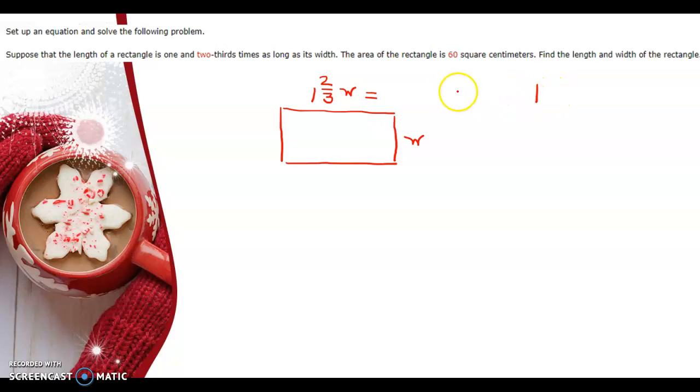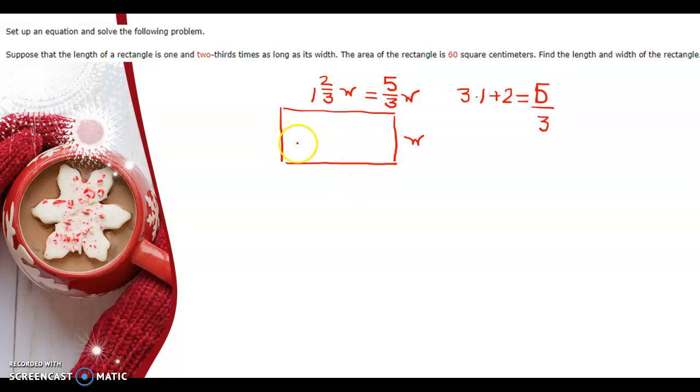Let me explain how I got that. You take the denominator, multiply by the number out in front, and add the numerator, and then write that over the original denominator. So we get 5/3. So I'm going to write that as 5/3 W, some little arithmetic lesson there.